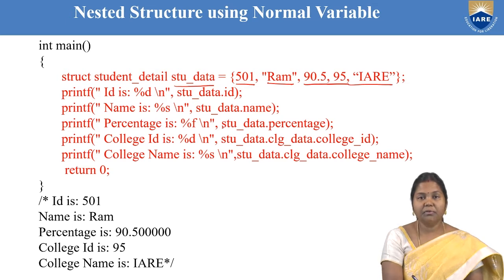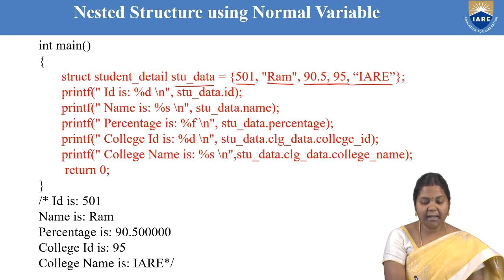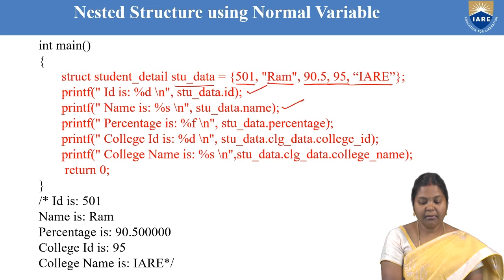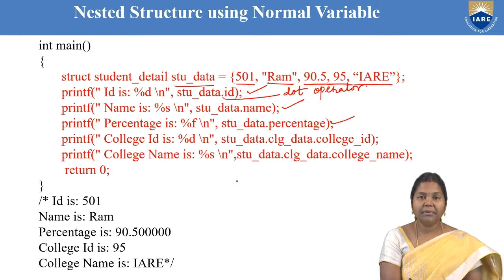First of all, you print the student ID, name and percentage. The dot operator is used to access the members of the structure: student_data.ID, student_data.name and student_data.percentage.